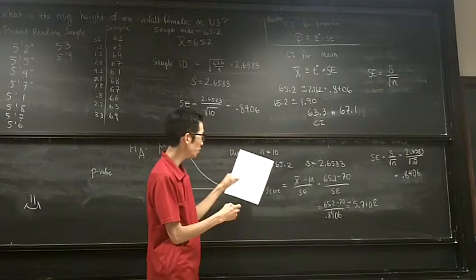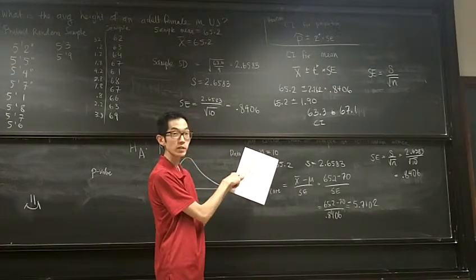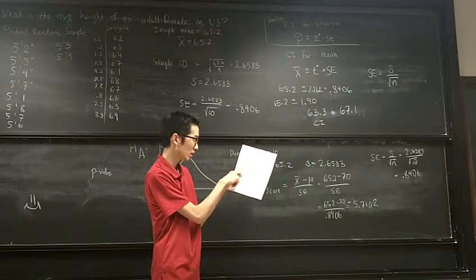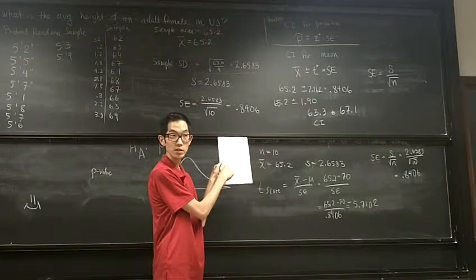If you had 18 people and 90% confidence, you would use 17 degrees of freedom, and you would use 1.740.